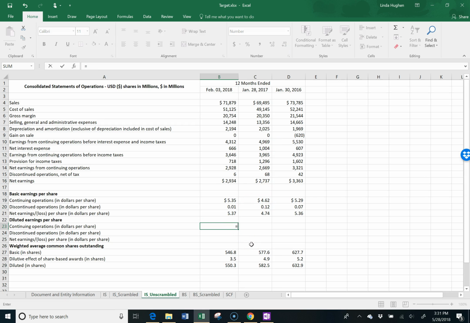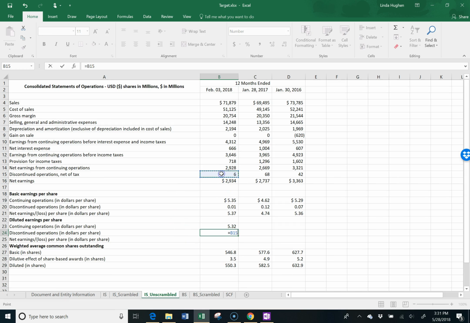Now, diluted earnings per share. The only thing that's different here, we're going to have the same numerators, income from continuing operations, and now we're going to divide that by our diluted number of shares. This is as if all dilutive securities were actually exercised and turned into common shares. That would dilute the existing shareholders' claim to the company.